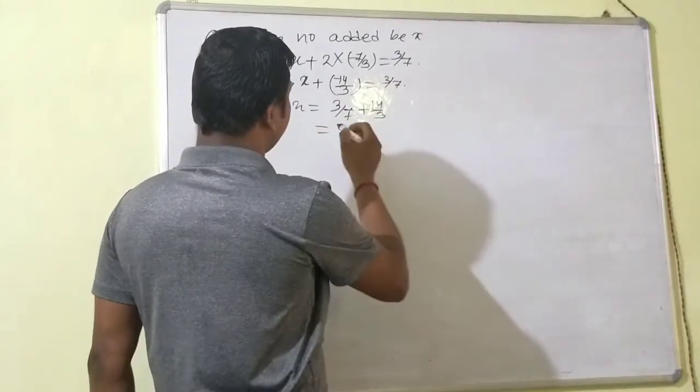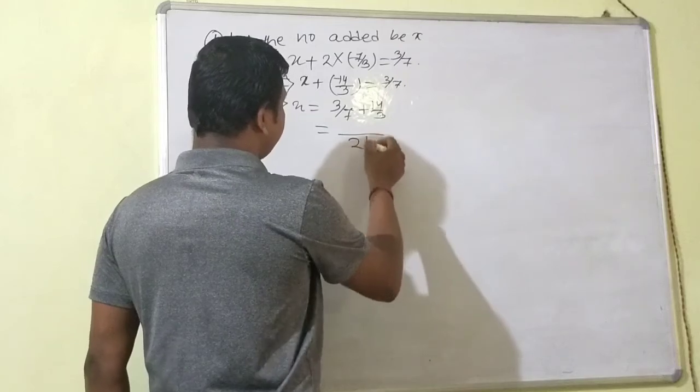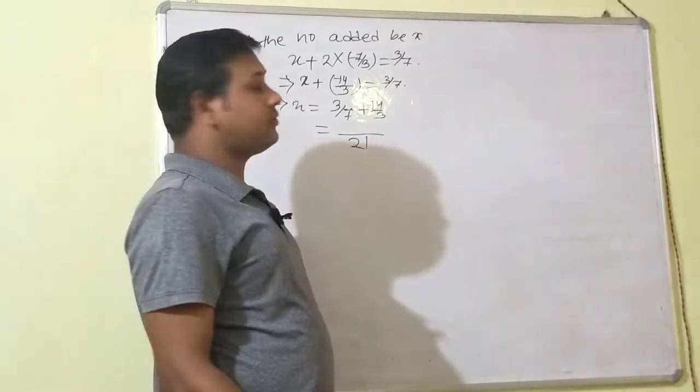So we will take the LCM of 7 and 3, that is 21.